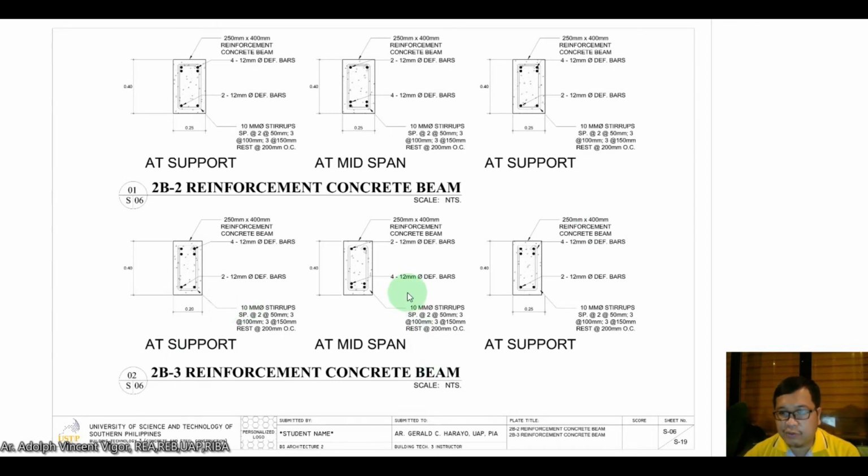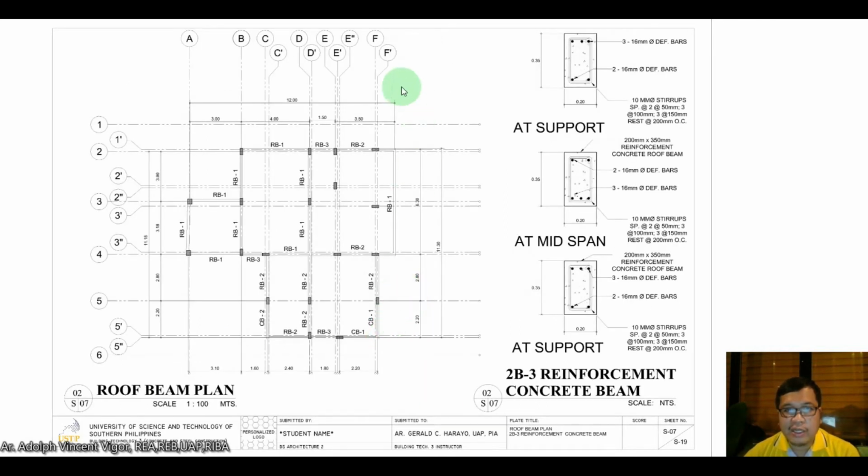Now let's move to S7. Here, class, you can see at S7 the roof beam plan. The roof beam will be the one to support the roof of your house. You can also view here the different callouts.